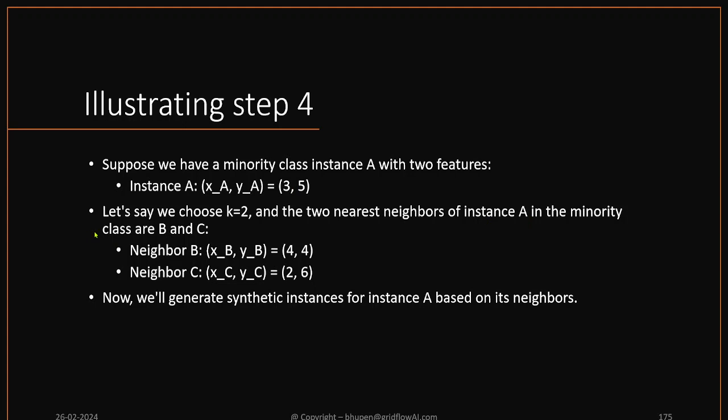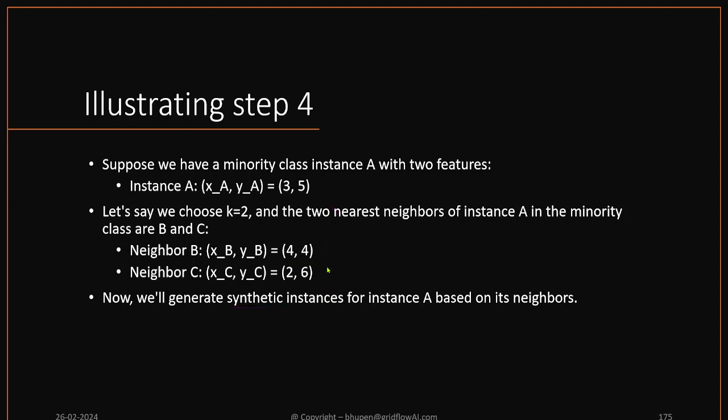That means you're going to find the neighbors from the minority class, and those neighbors are, for example, 4 4 and 2 6. So for this one we have these two as neighbors. Now we are going to generate the synthetic instances. Let's see how we do that.